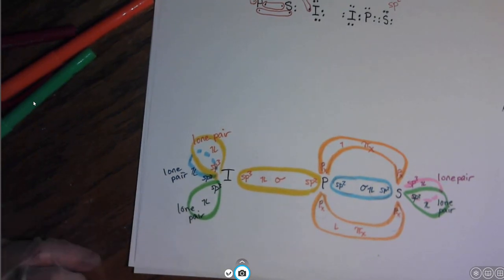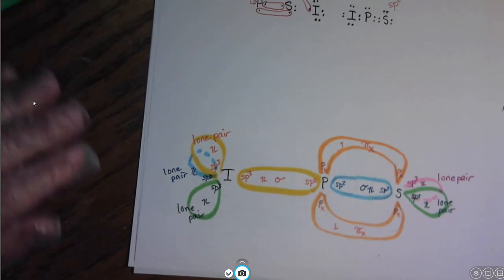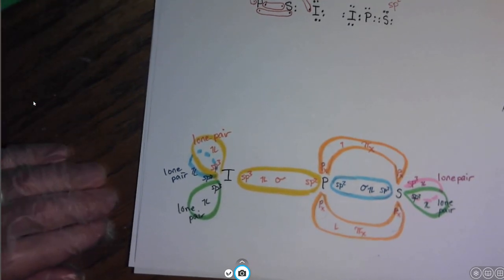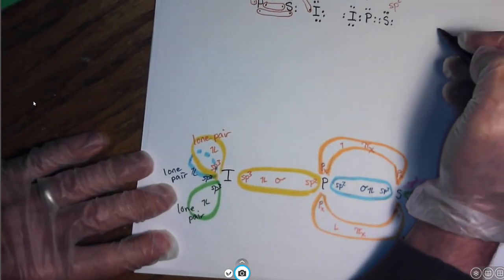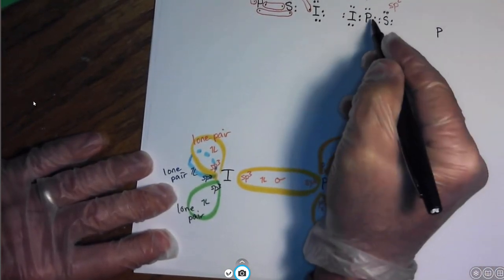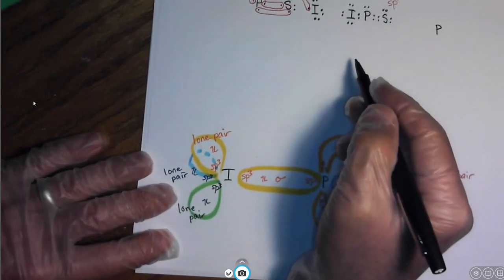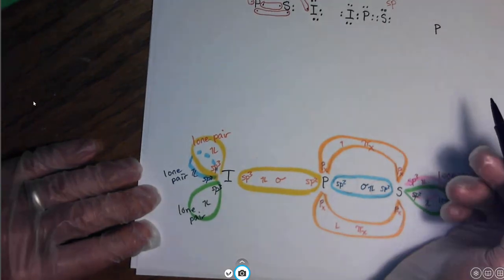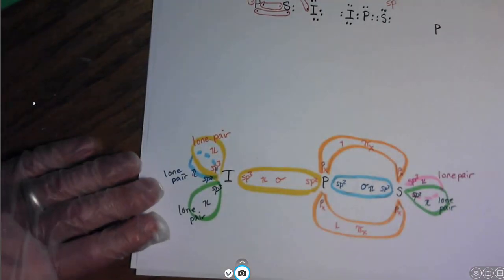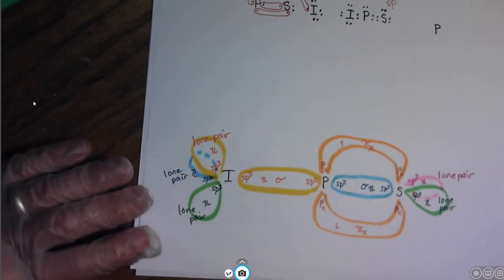Okay. If we were to do the shape of this, you didn't ask me for that, but I've got 3 sets of electrons here. What's the electron pair shape when you have 3 sets? Trigonal what?